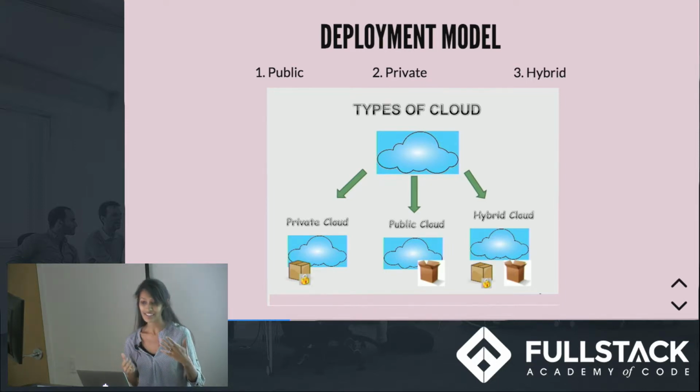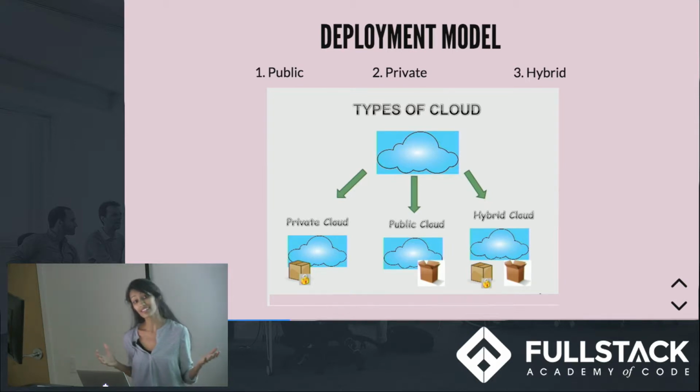Public cloud is where we can access any data from anywhere. It will allow us to access anything from anywhere. That is called public cloud. So it is accessible to everyone. Examples of public cloud are Facebook, YouTube, Gmail, anything.